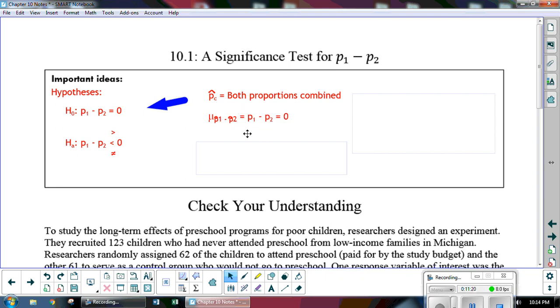Your means are supposed to be p-hats. They're really ugly p-hats. Sorry about that. So anyway, the mean of the difference of the two p-hats, we're going to assume is the same as the assumed proportions that we want in the population.